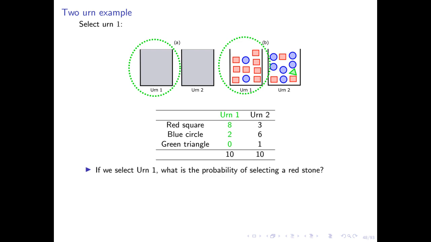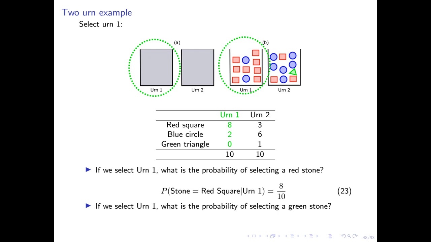We know the contents of urn 1. We just want to know the probability of selecting that. Would any person like to answer this? Yes? 8 over 10. Yes.